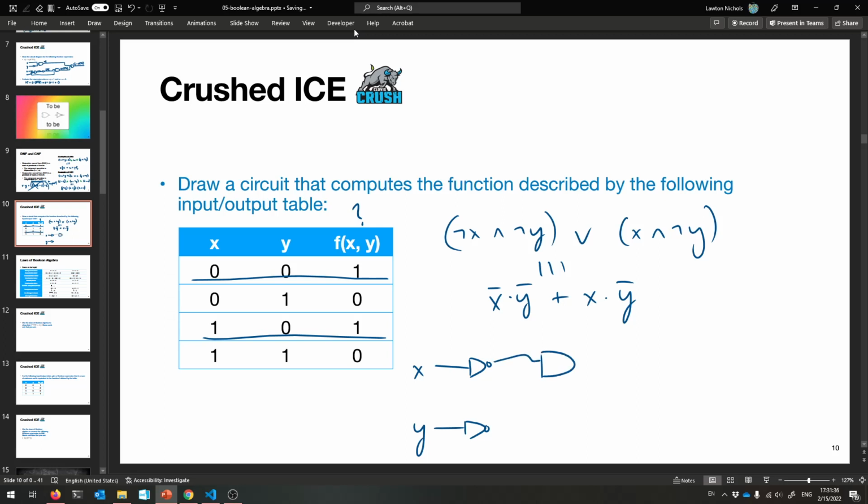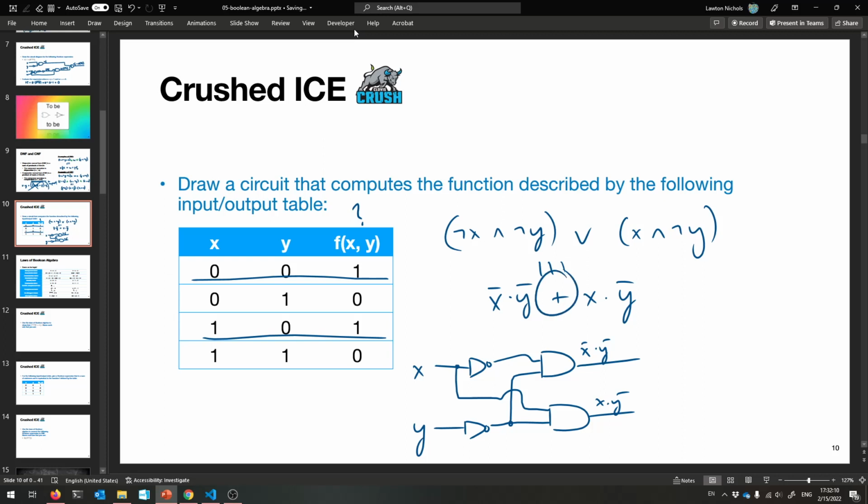So this is right here, X bar and Y bar. And what else? I need to OR that with X and Y bar. So let's take this AND right here. This is just normal X. Hop over this, please. Let's get that on the right side of the AND sign. So there we go. So that's just X, and then we want to take Y bar again, so I'll just take another version of this right there, and this will give me X and Y bar.